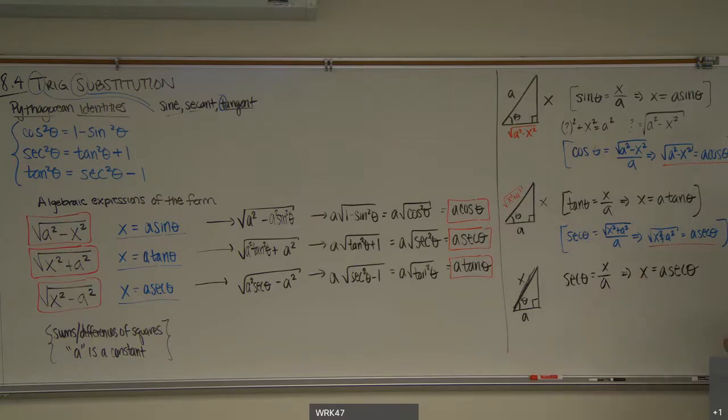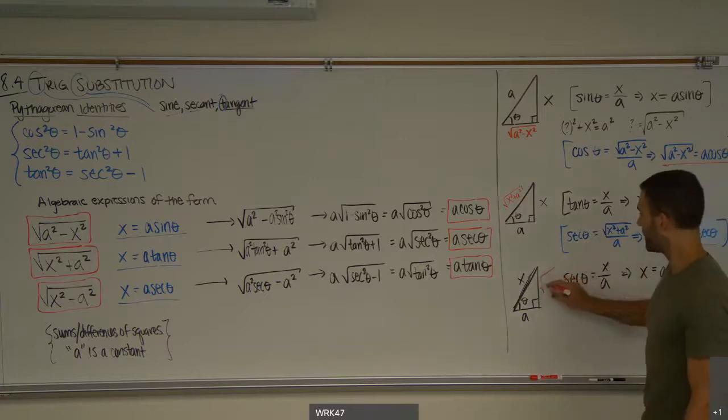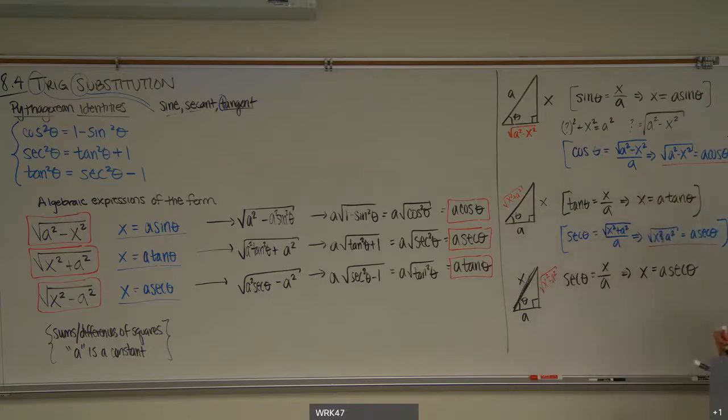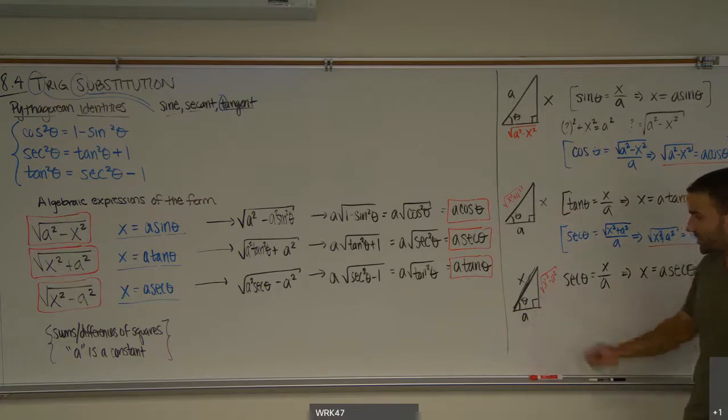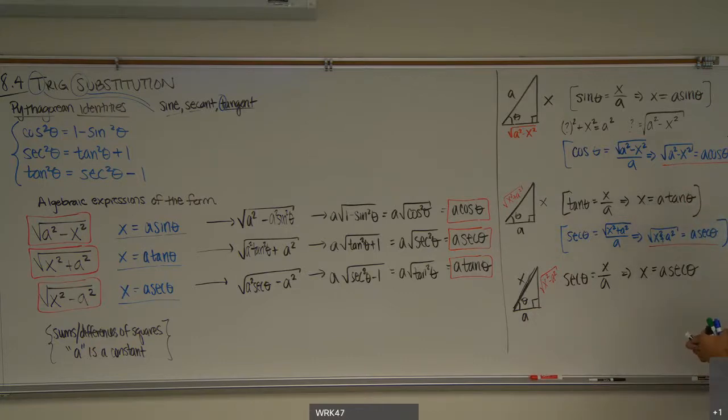Well, okay, well, what's the missing side of that triangle? If you use Pythagorean's theorem, promise, you will end up getting this algebraic expression, square root of x squared minus a squared. Well, now we have this algebraic expression, and we want to relate it with theta and my constant. In that case, that is a tangent relationship, opposite and adjacent. And so what would this mean?